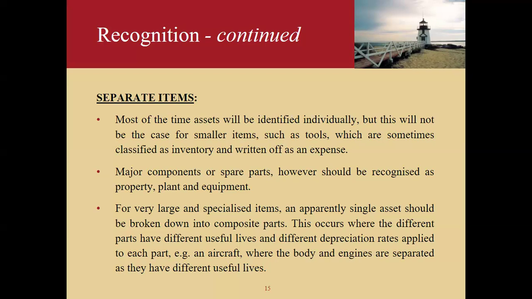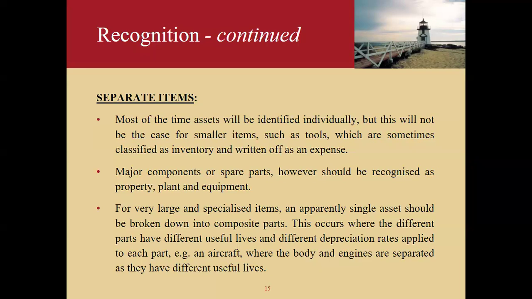For very large and specialized items, an apparently single asset should be broken down into composite parts. This occurs where the different parts have different useful lives and different depreciation rates apply to each part, e.g., an aircraft where the body and engines are separated as they have different useful lives.